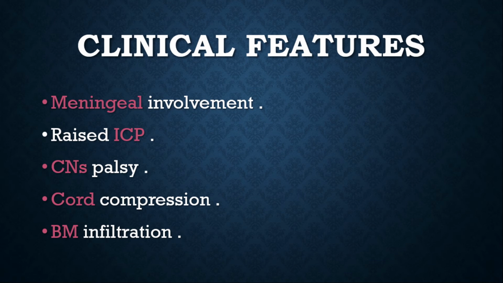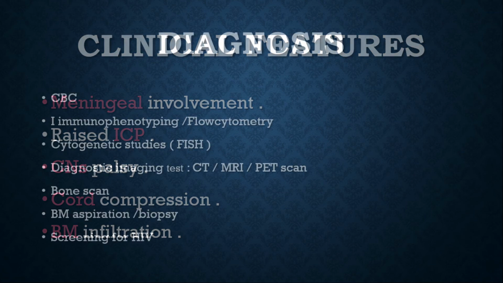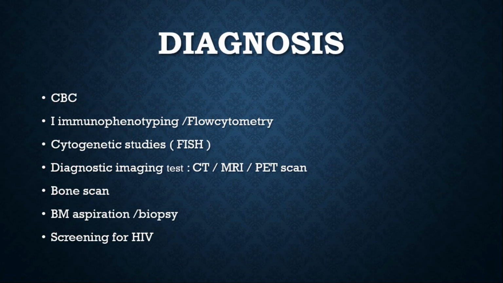The lymphoma cells can involve the central nervous system. They can go to the meninges, leading to meningeal involvement, raised intracranial pressure, cranial nerve palsies, cord compression, and bone marrow infiltration.